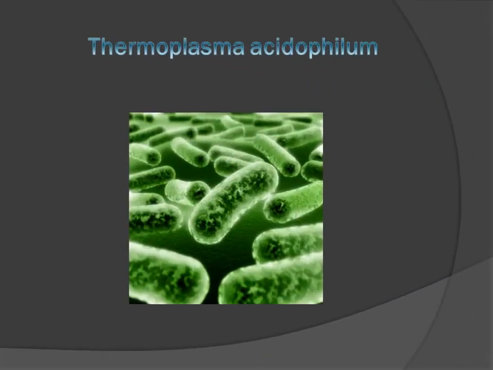Thermoplasma acidophilum is an example for thermoacidophiles. That's all about archaea. In the 3-domain classification, the first one is archaea, the second one bacteria, the third one eukarya. Archaea is over, and the second one is bacteria. Clear? Shall we go to the next?